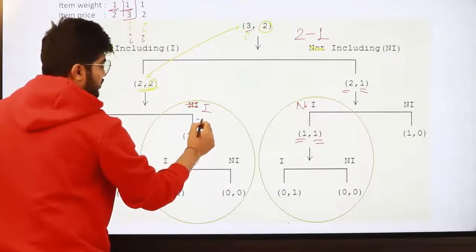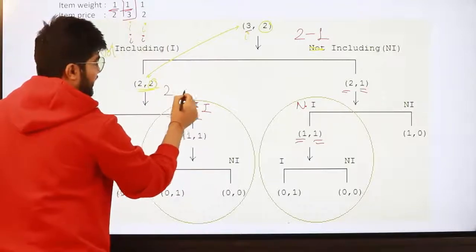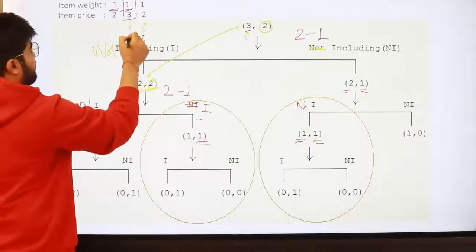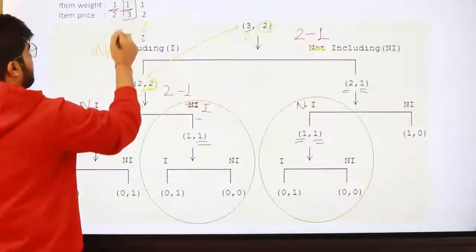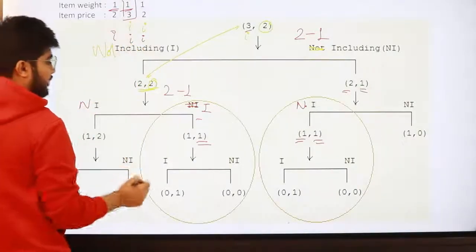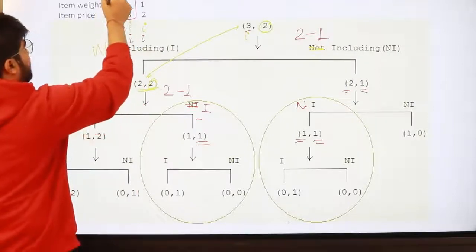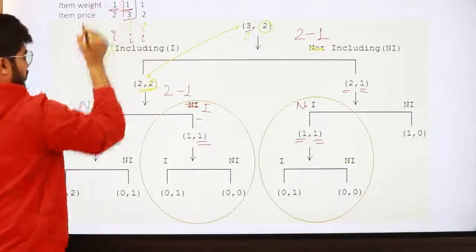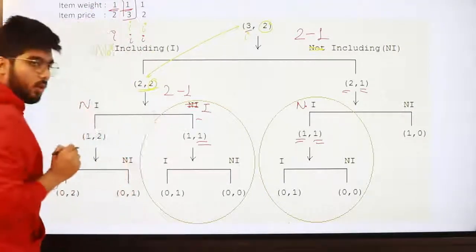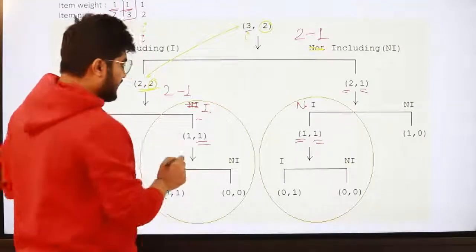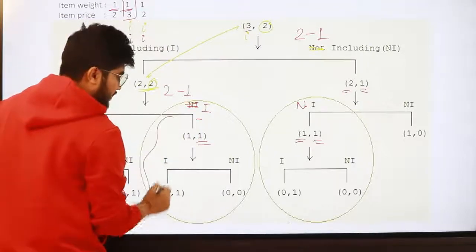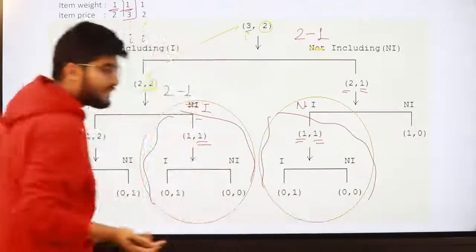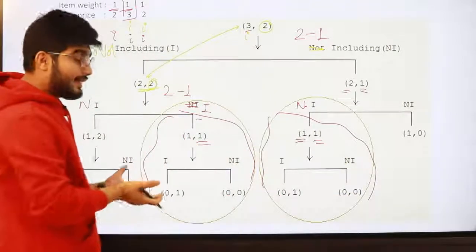So 2 minus 1 will give you 1 here, and we come from item 2 to item 1, if this is 1-based indexing. Now if you see, this subtree and this subtree are the same. So there is a redundant calculation.